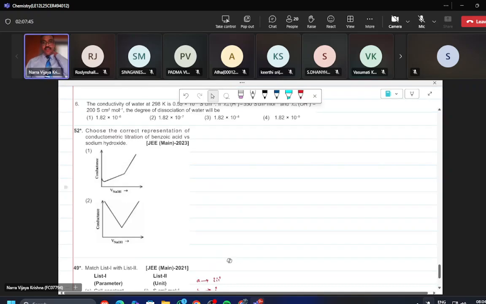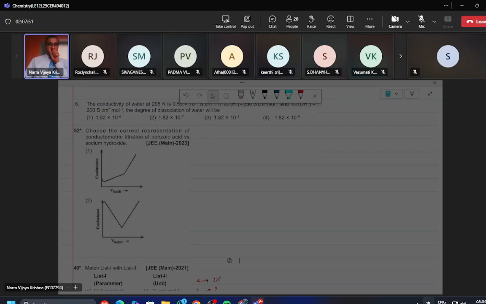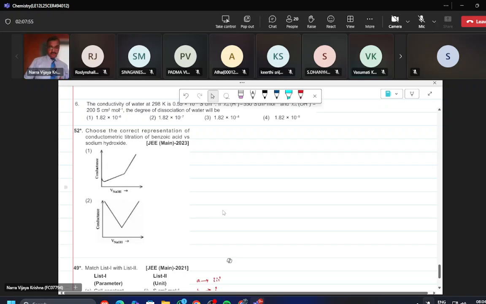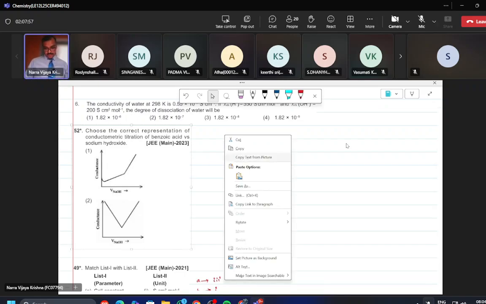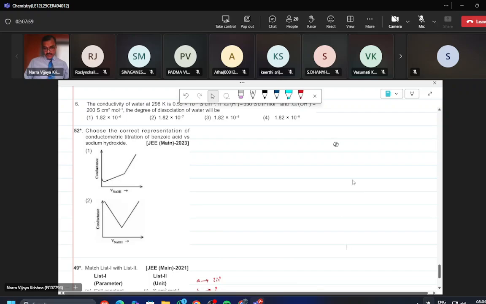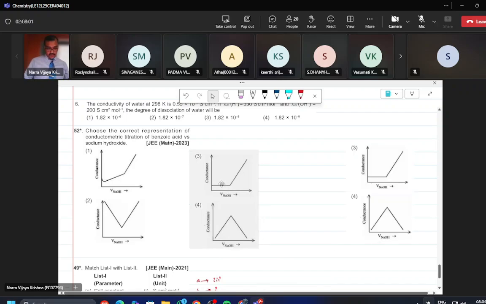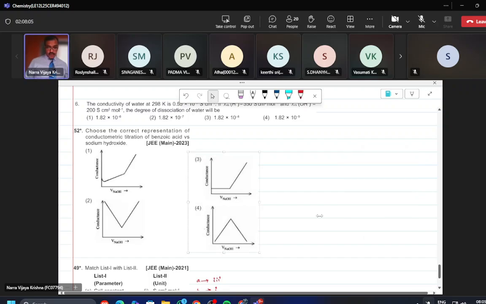Instead of question number 7, we will keep question number 52, because question number 7 and this both are the same only. Now the correct answer.